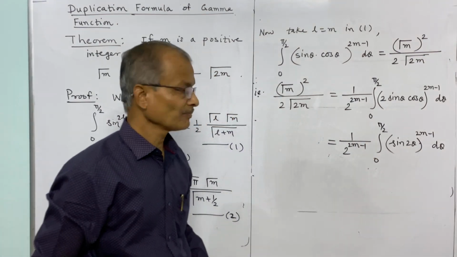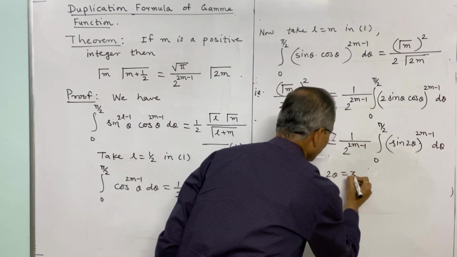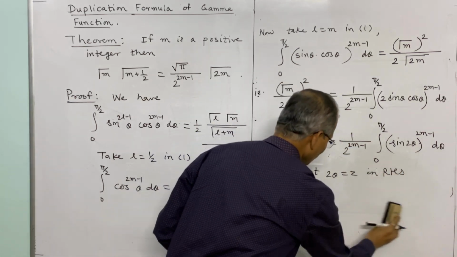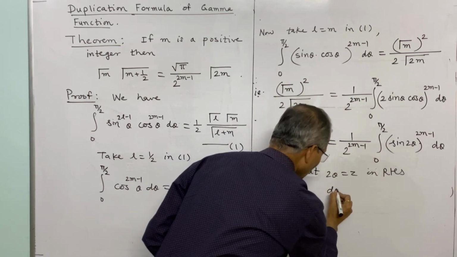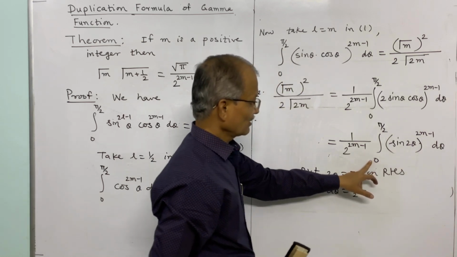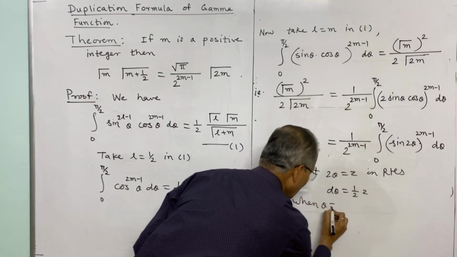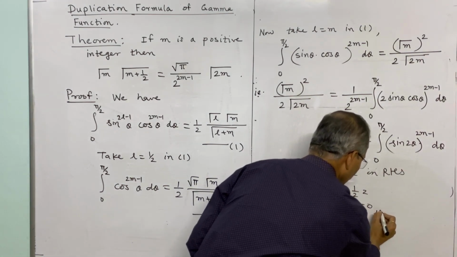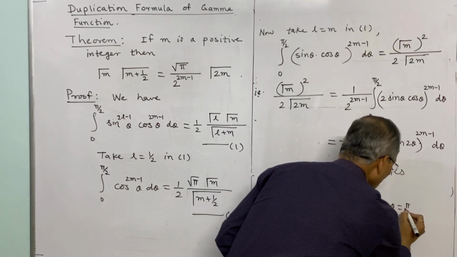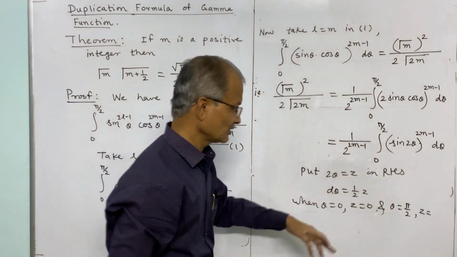A single angle we want, and thus we put 2 theta is equal to z, and therefore the corresponding changes will be: d theta will be half dz, and when theta is 0, z is 0, and when theta is pi by 2, what is z? z is double of theta, meaning pi.